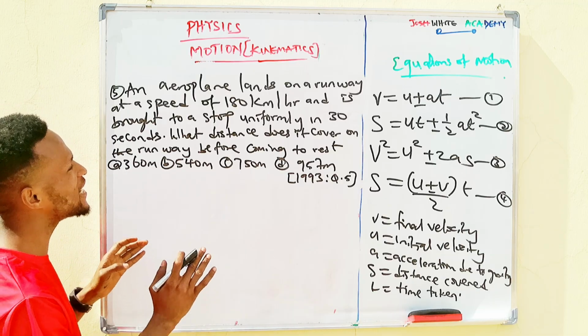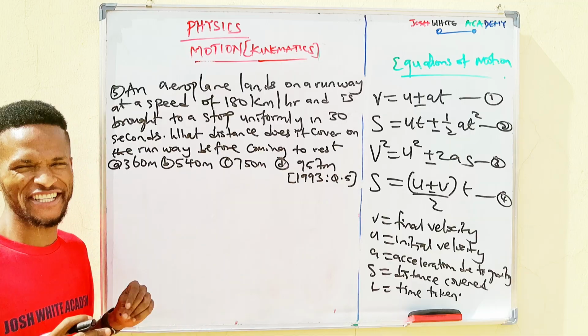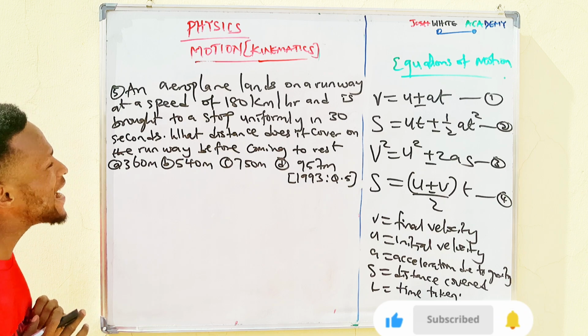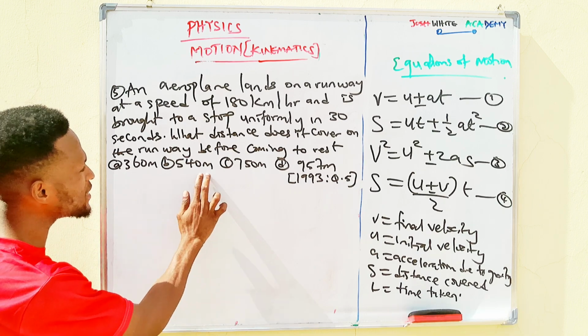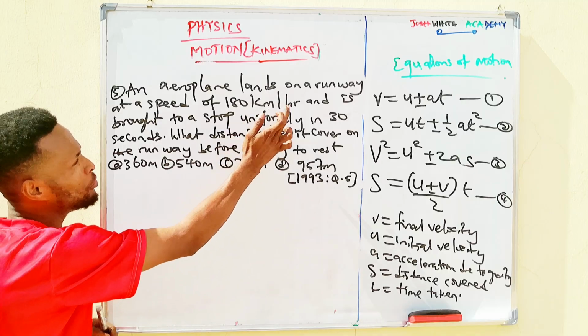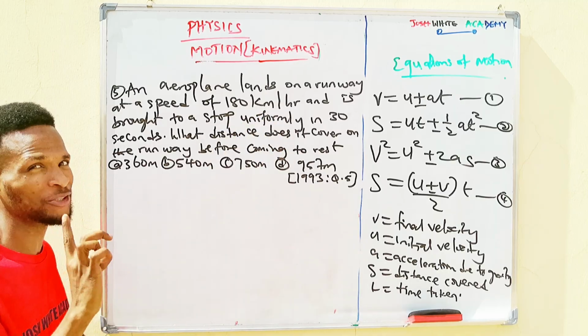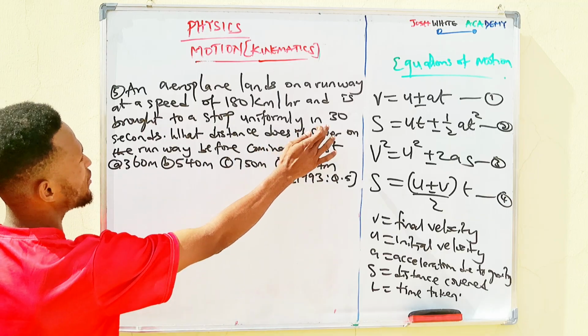What distance does it cover on the runway before coming to rest? So now, I can infer from this question that our answer is in meters, but we were given kilometer per hour. That means we need to convert kilometer per hour to meter per second. That's first. Secondly, we were given seconds.